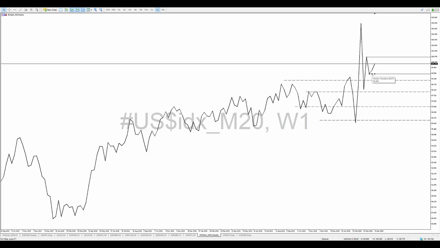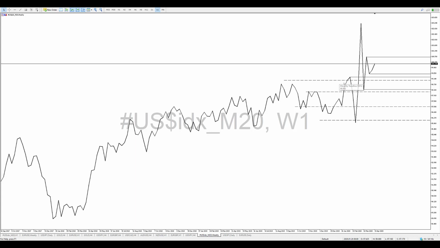Price is bullish, forming lower low, higher high, lower low, then it's moving to the upside. So now we also have to highlight this one. And also we have to highlight this high here.